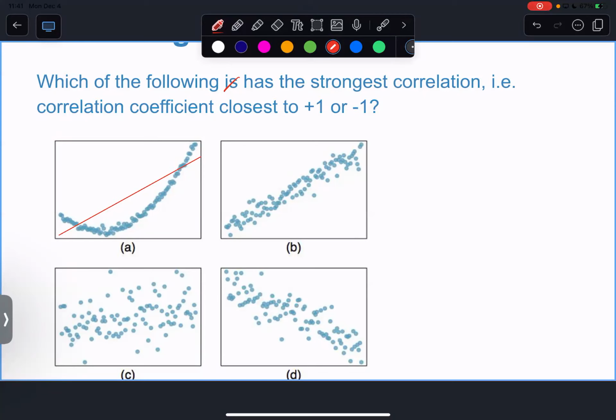It's not going to be very good. Even though you have a very strong relationship, the only places where those points are close to that line, which is going to result in a high value of R, are in these tiny little spots. Everywhere else, that line does a terrible job. So we would have a low correlation. It's a strong nonlinear relationship.